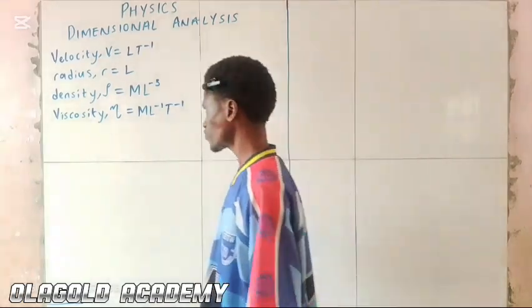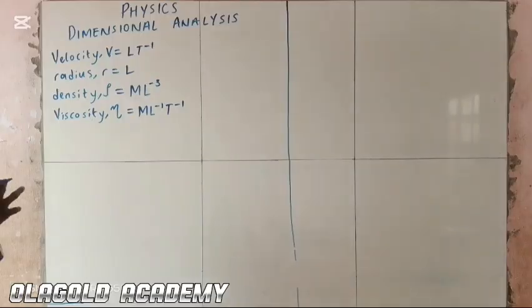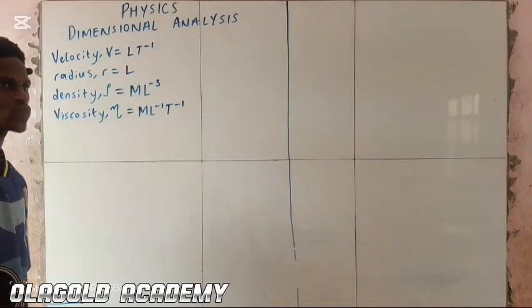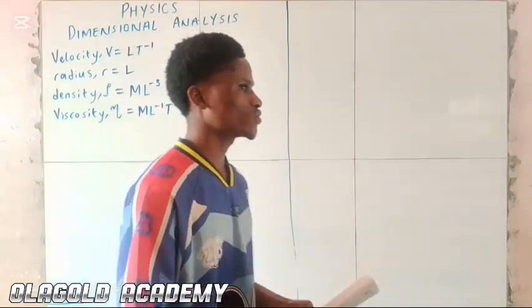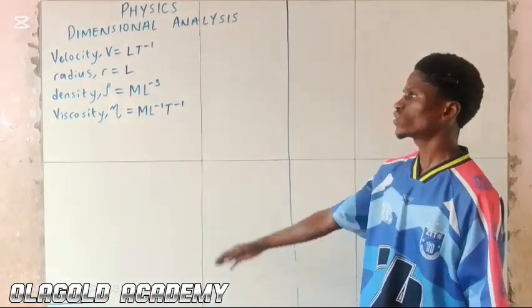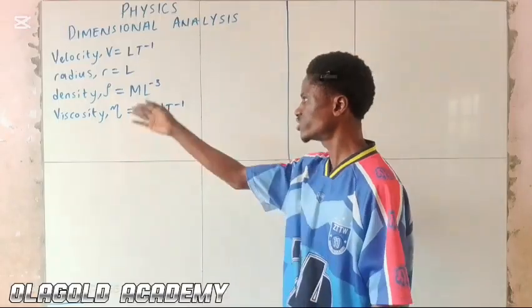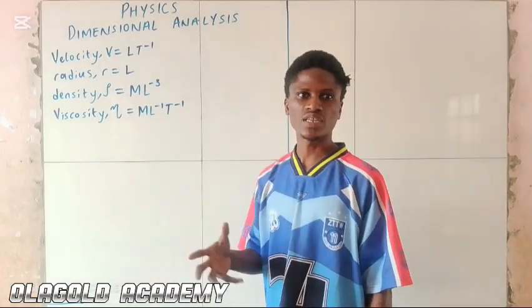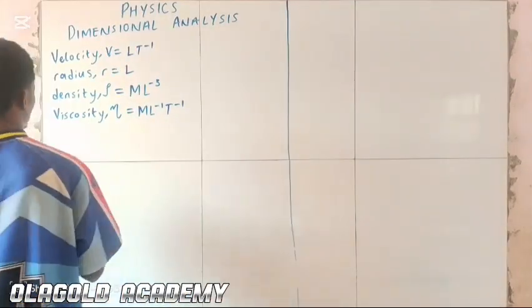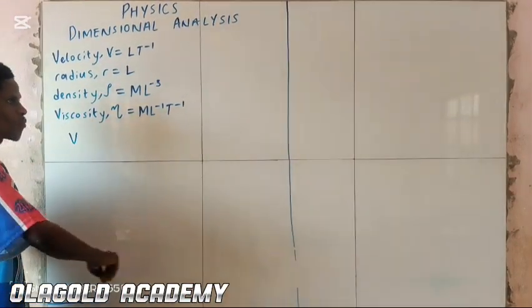Alright, the next thing is to write out their dependency. I've said before that we have velocity depending on radius, depending on density, and depending on viscosity. So to write dependency, it becomes velocity is directly proportional.